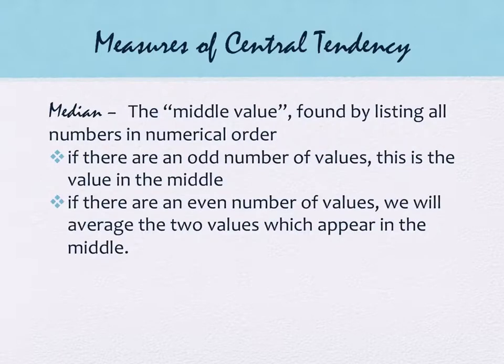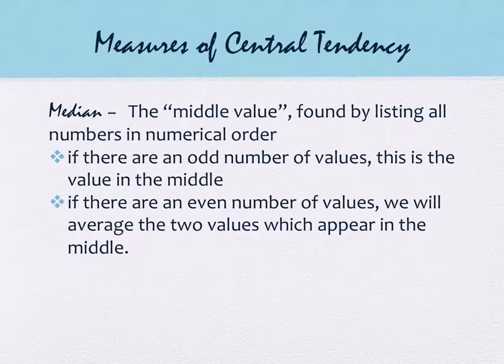The second measure of central tendency is called the median. The median is the middle value. It's found by listing all the numbers in order, smallest to largest, or if you prefer, largest to smallest, and finding the one that's in the middle. Now, if there's an odd number of values, there will be one in the middle, and you're done.